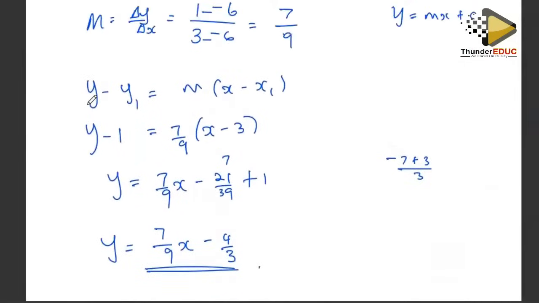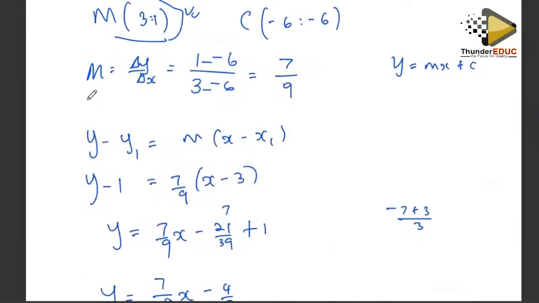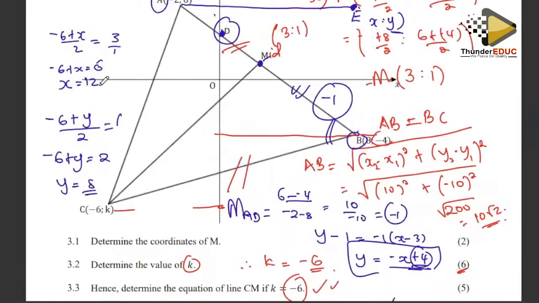We got the gradient to be 7/9 for MC. For us to get this, do we need to extend this line? I think that's the only logical explanation that I'm seeing now.